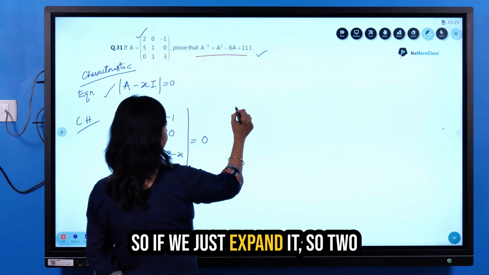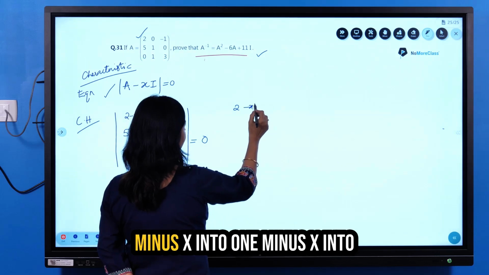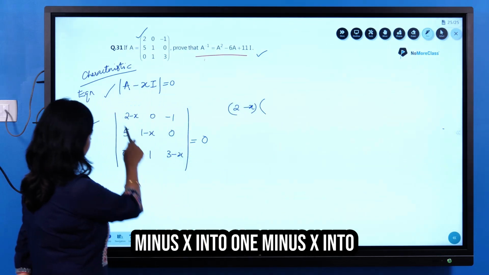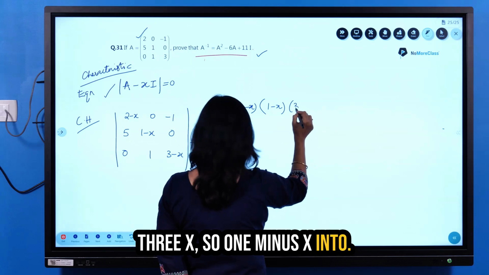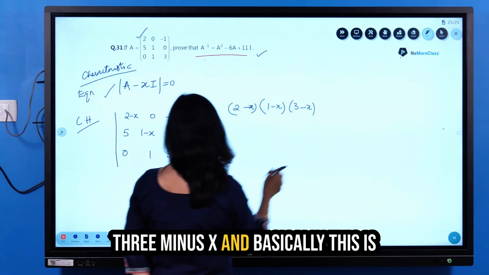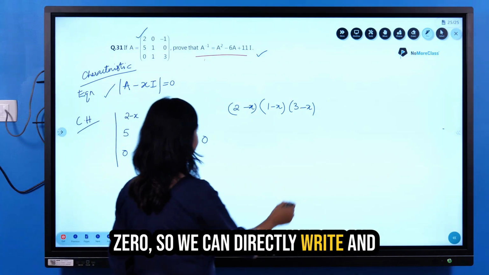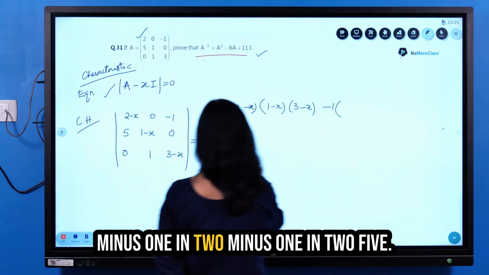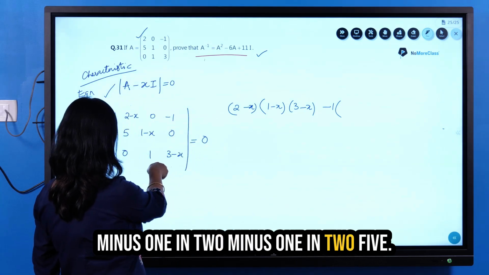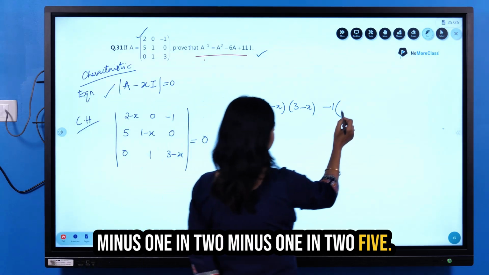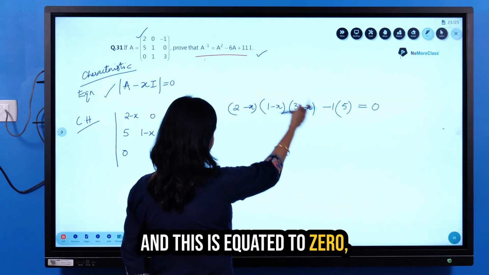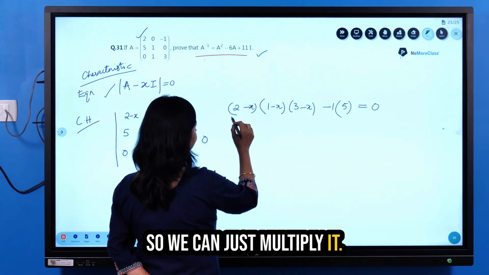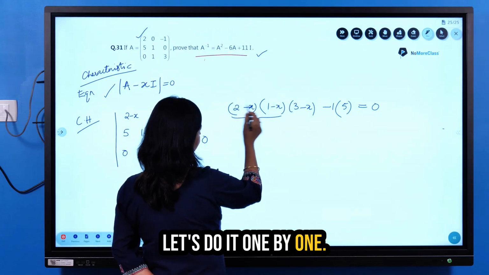So if we just expand it, 2 minus x into 1 minus x into 3 minus x, and the other terms are 0, so we can directly write, and minus 1 into 5. And this is equated to 0. So we can just multiply it. Let's do it one by one.